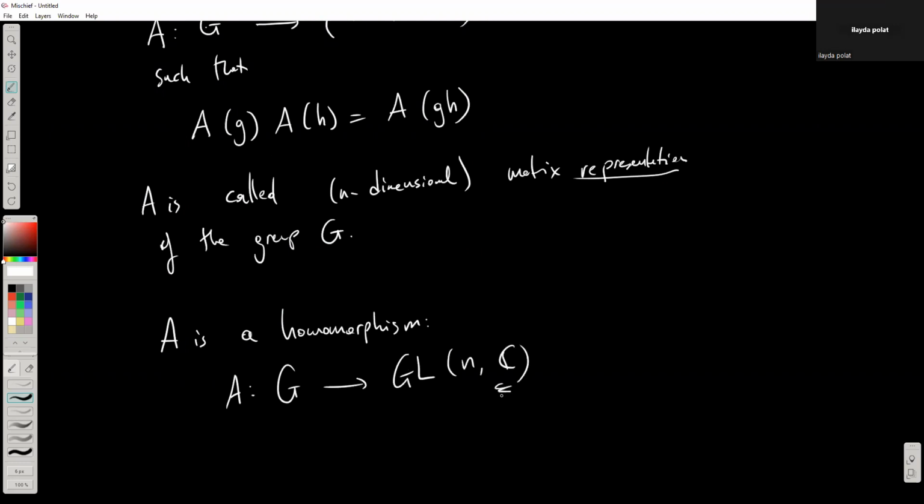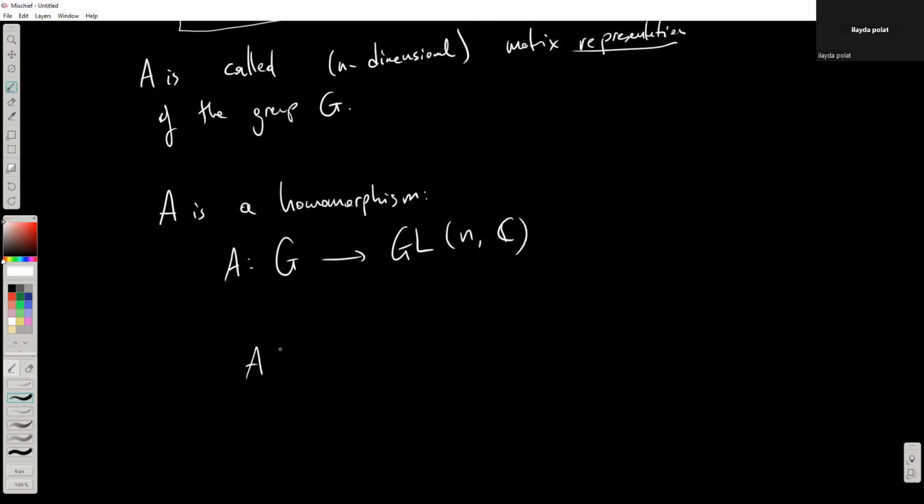In general, we are going to talk about complex matrices, even for real physical problems, since these kinds of representations are going to be used all the time. Since A is a function from one group to the other satisfying that property, it's a homomorphism, so it satisfies these properties.